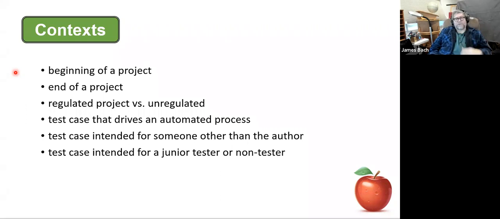And of course, if you're going to guide a junior tester, I would say this is a really dangerous area. I would say don't give junior testers procedures at all, because you can't trust junior testers to follow procedures. You can't trust them. Following procedures is hard.